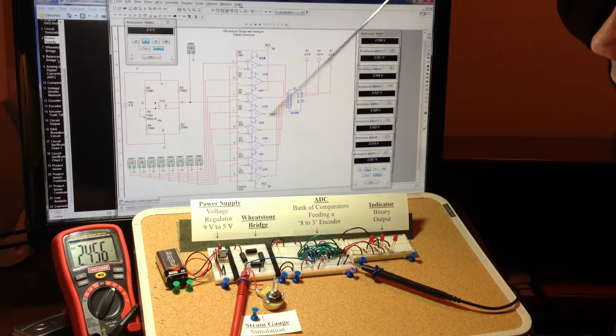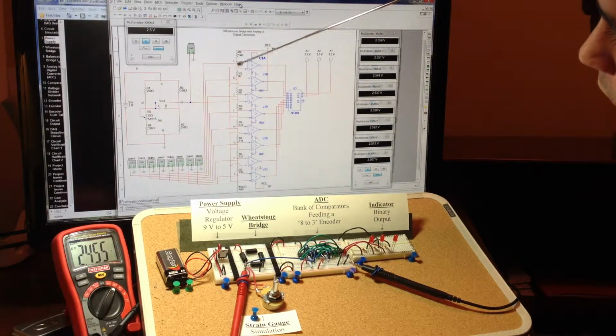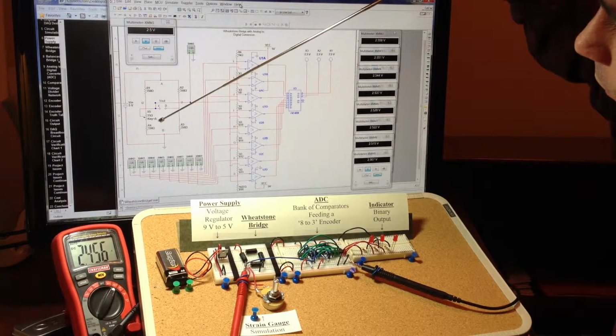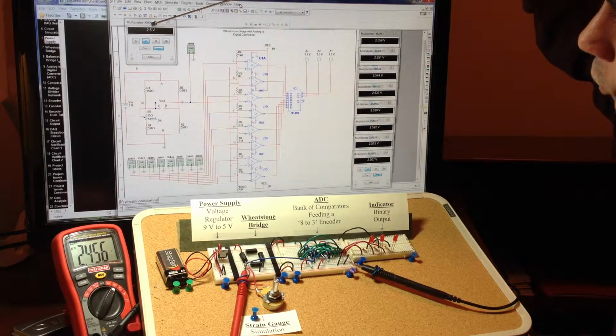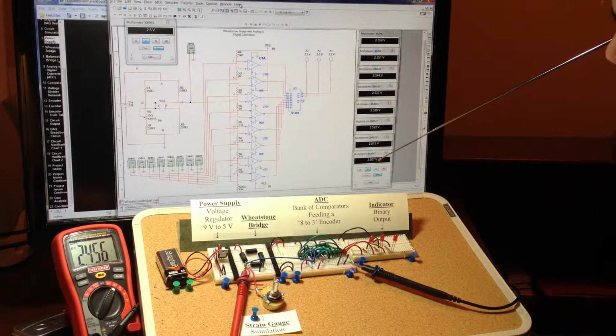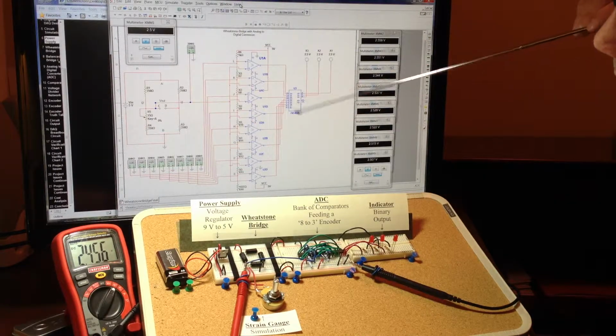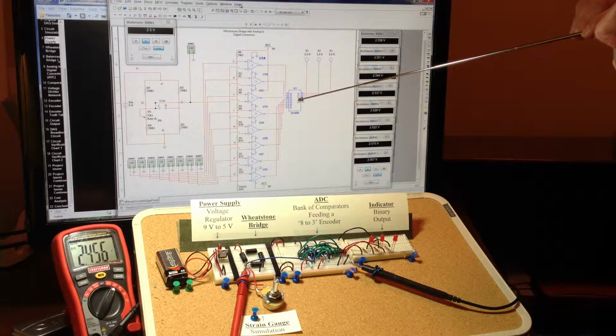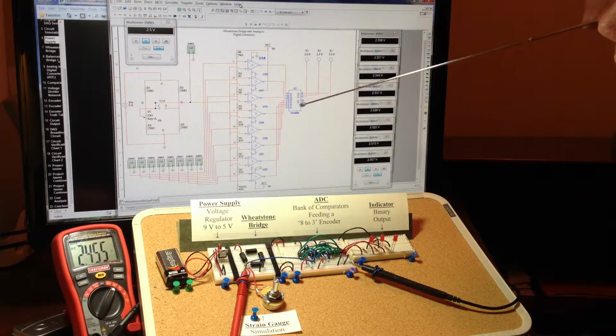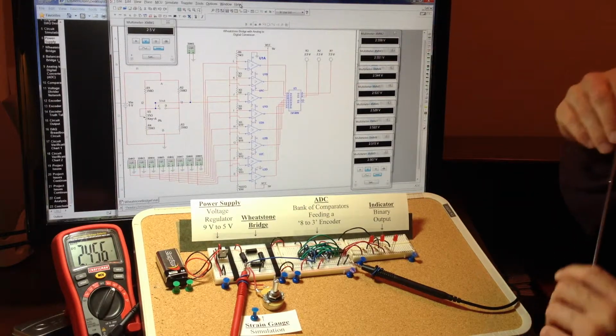These multimeters here are connected to the nodes on the voltage divider network. As I increase the resistance of the potentiometer, the voltage increases, and as it makes its way through these levels, the comparators will send a signal out to the encoder. The encoder then changes those signals into a binary signal.